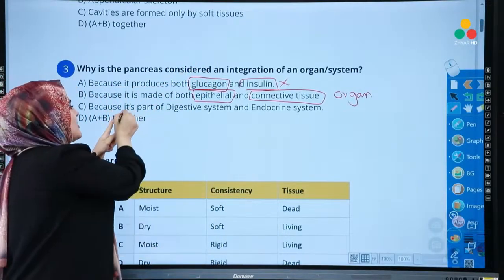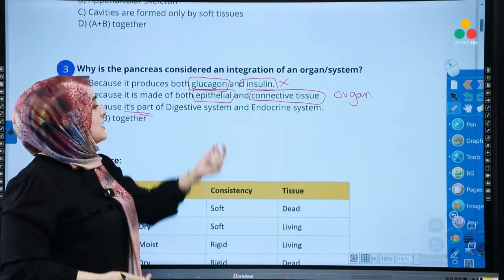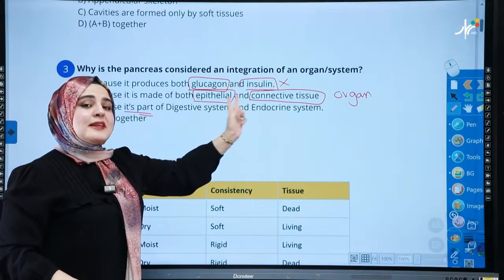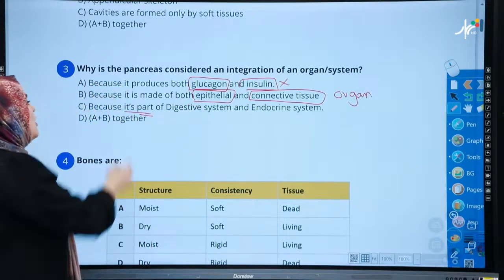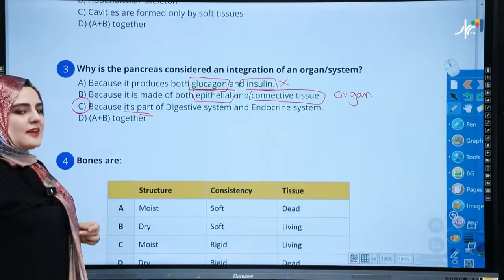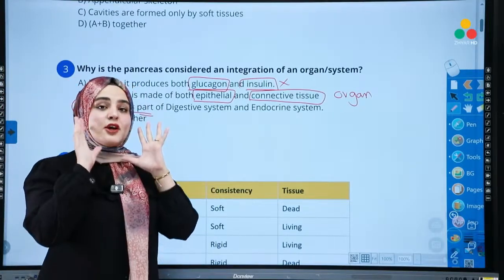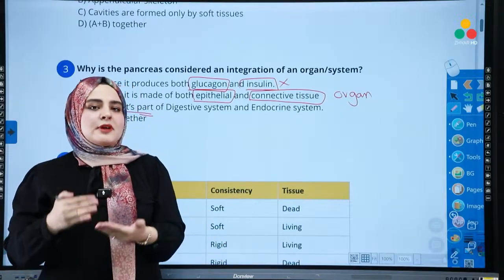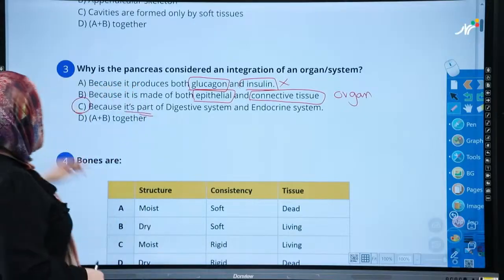See, number 3 tells us that it's part of the digestive system because it creates the enzymes, and it's part of the endocrine system because it creates these two hormones. This is integration of organ system, not these two. So our answer is C. Why is this a bit twisted? It's because every part is correct about the pancreas, but it doesn't meet the requirement of the question. We're doing great until now. Let's move on.